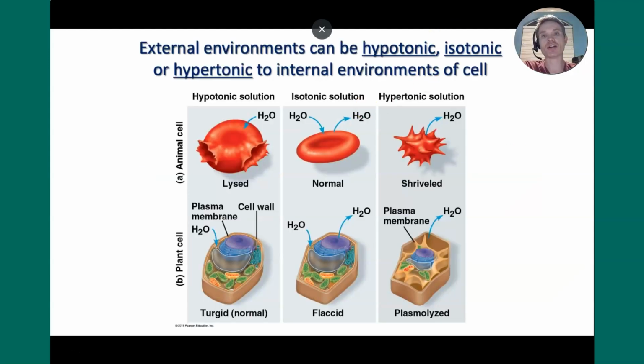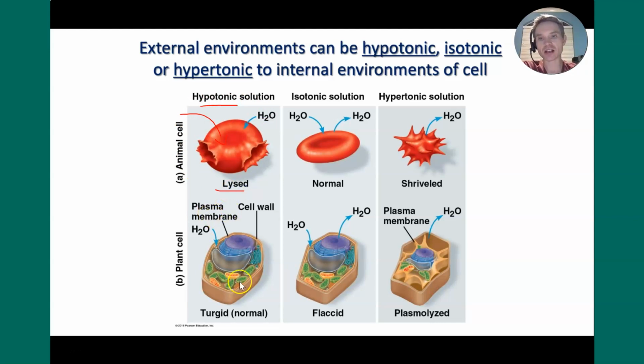Next, we have here the three scenarios: hypotonic, isotonic, and hypertonic. When we look at the hypotonic solution here on the left-hand side, hypo, like a hippo, that's because on the outside of the cell, there is a lower concentration of solute. Therefore, there's a higher concentration inside, and it's going to suck the water into the cell, causing the cell to swell and possibly erupt.